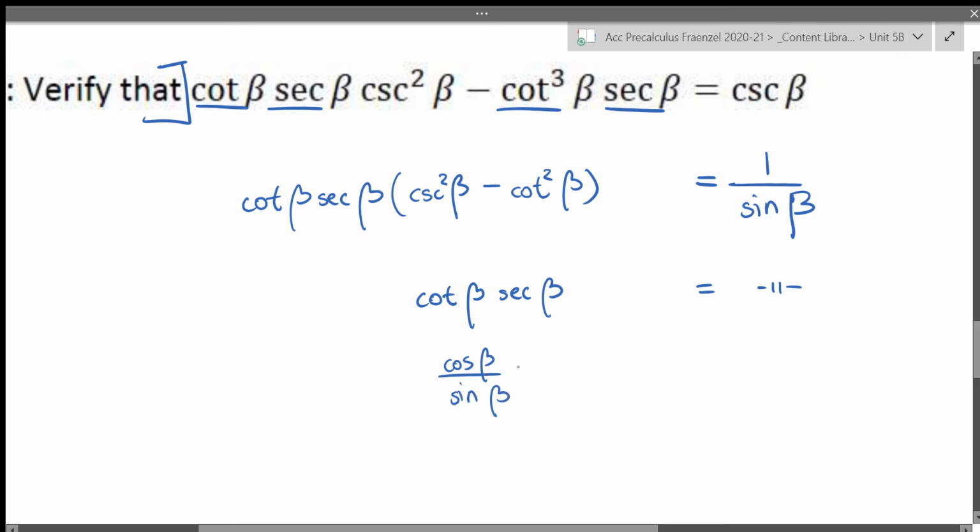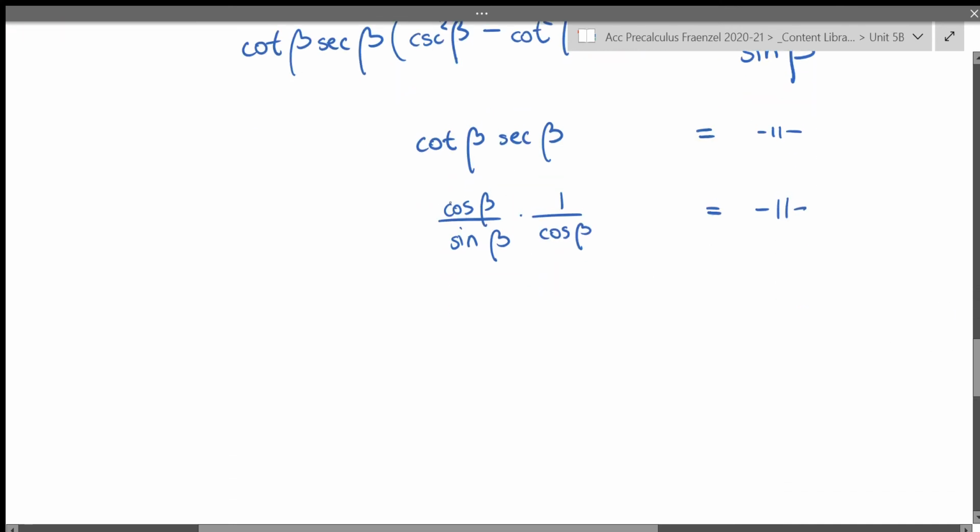Always write the argument, times secant is 1 over cosine beta. That still equals 1 over sine beta. And then these cosine betas cancel out, so you have 1 over sine beta equals 1 over sine beta.